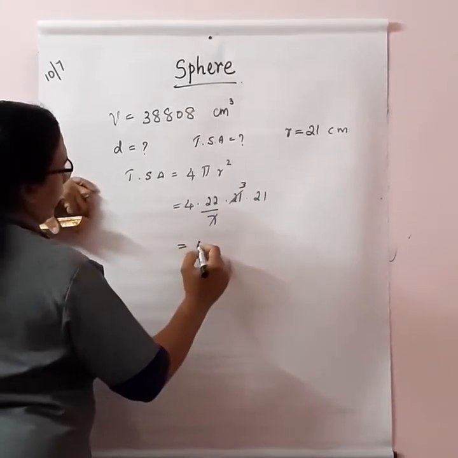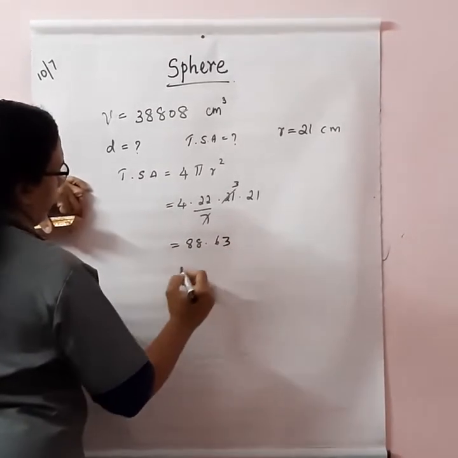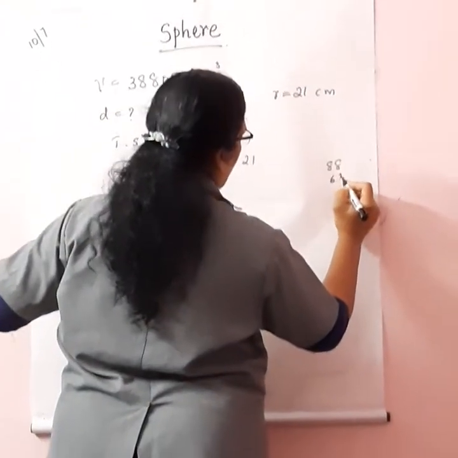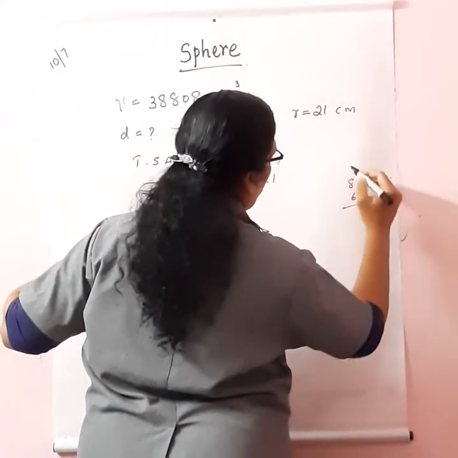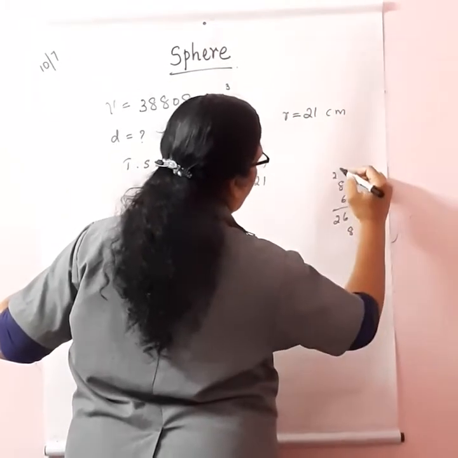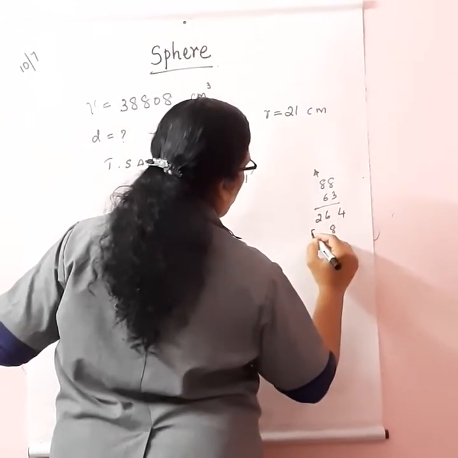Then 88 into 63. We have to multiply 88 into 63. 8 threes are 24, balance 2, 24, 26, 48, and 52.